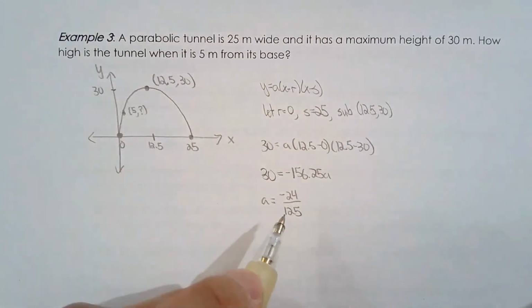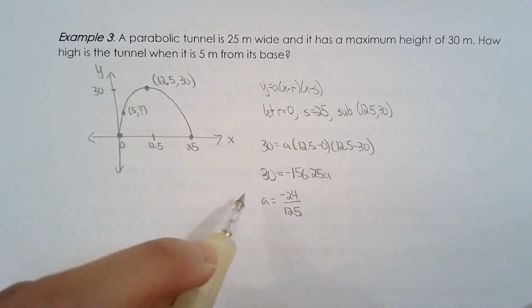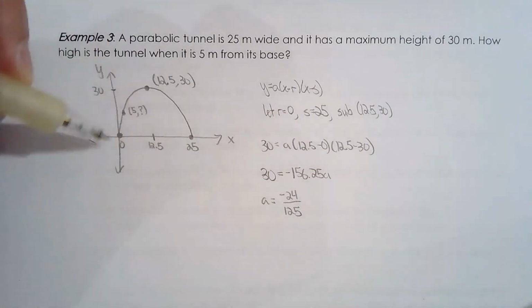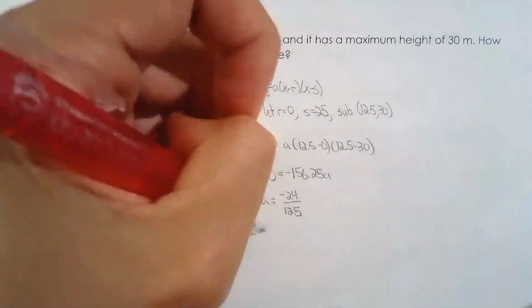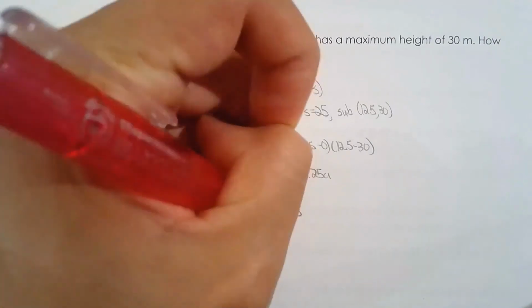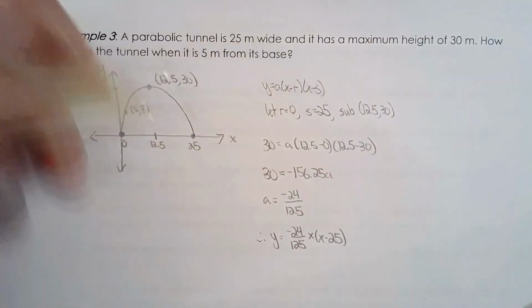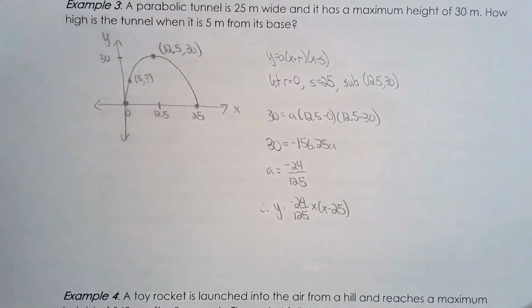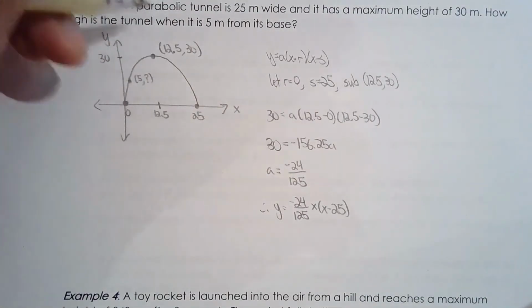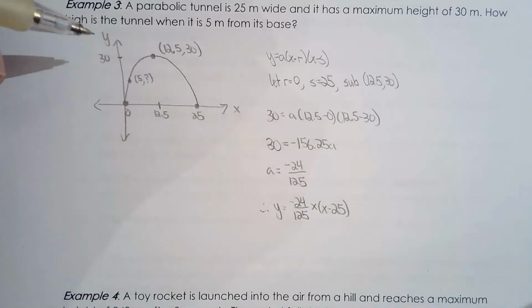And when I see that negative, I'm very happy. Because look at this, it's an open down parabola. It better be negative. So therefore, y equals negative 24 over 125 x (x minus 25). Okay, that's the equation which models this parabola, which also represents the tunnel.